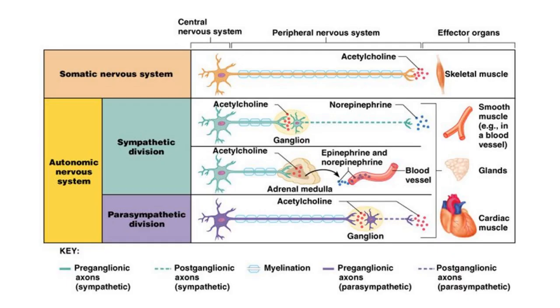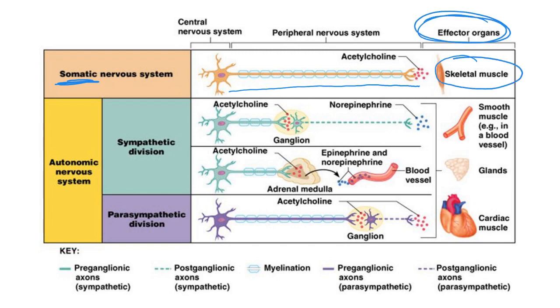Okay, so if we look at this in picture form, we can see our somatic nervous system up here at the top. One long neuron here going all the way down to the effector, which is my skeletal muscle. In my autonomic nervous system, I see in both my sympathetic and parasympathetic, there's a synapse in between. So it's a 2-neuron chain with the ganglia there.